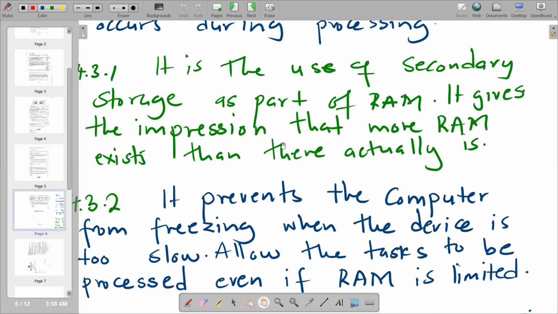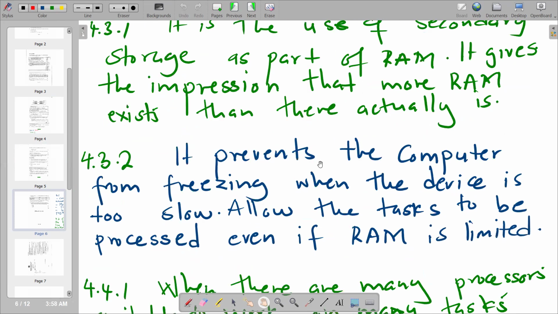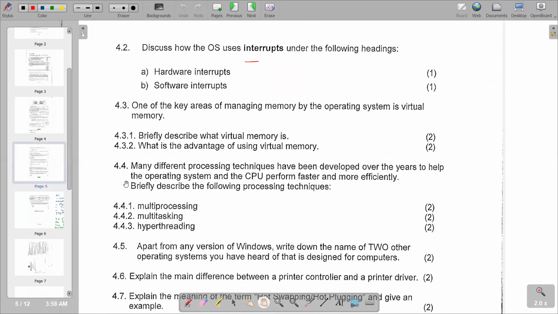It gives the impression that more RAM exists than there actually is. That's the description. Then in terms of advantage, it prevents the computer from freezing when the device is too slow, and allows tasks to be processed even if RAM is limited. Basically, that's our response on the second part, responding to the advantage of using virtual memory.